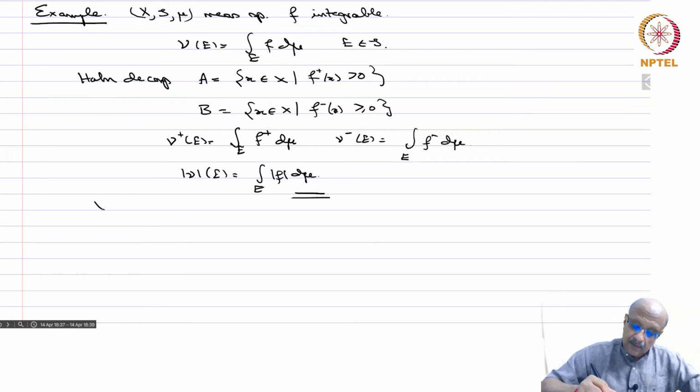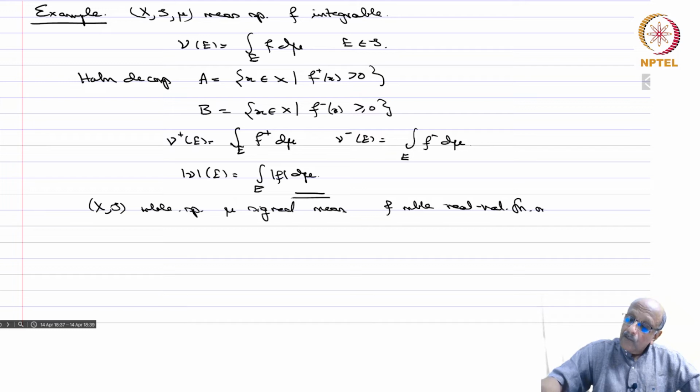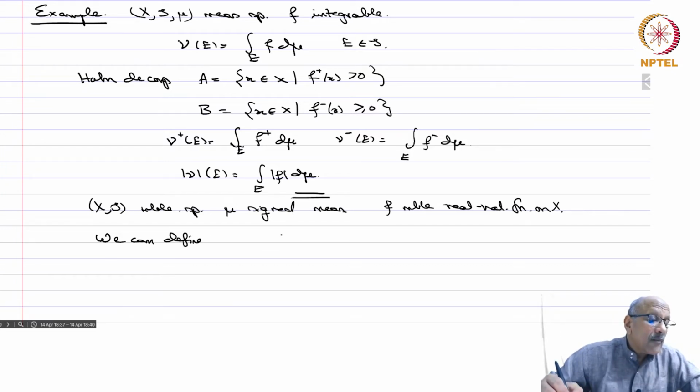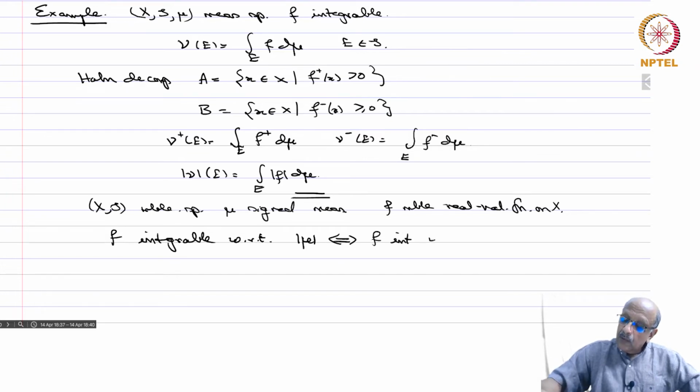So if X is a measurable space and mu is a signed measure, and F a measurable real valued function on X, then we can define: F integrable with respect to mod mu is the same as saying F integrable with respect to both mu plus and mu minus.